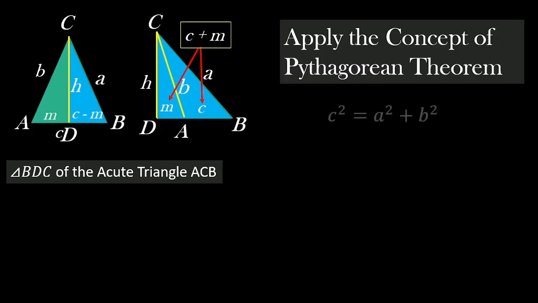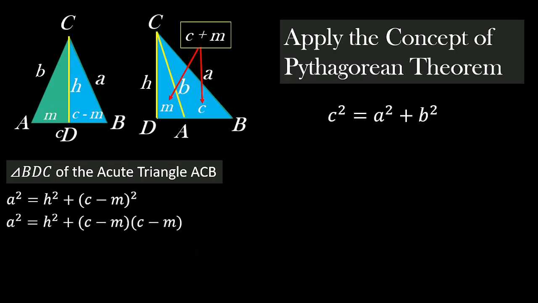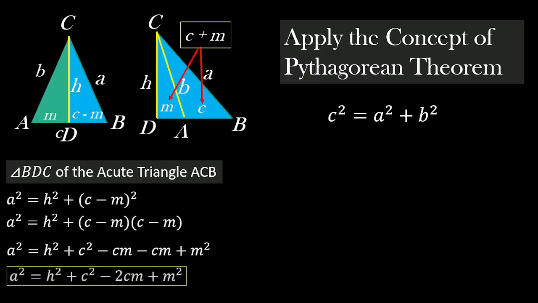Replacing these letters in the equation C squared is equal to A squared plus B squared, now we have the equation A squared is equal to H squared plus the quantity C minus M squared. Simplify the equation. Now we have A squared is equal to H squared plus C squared minus 2 times C times M plus M squared.